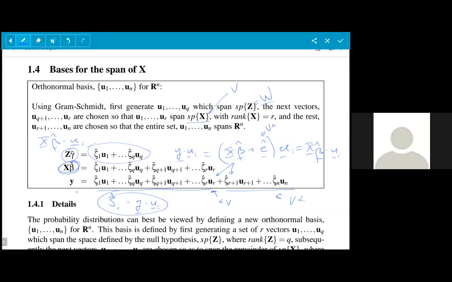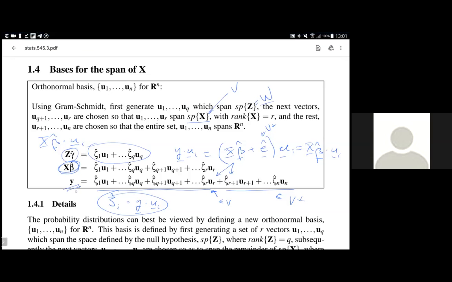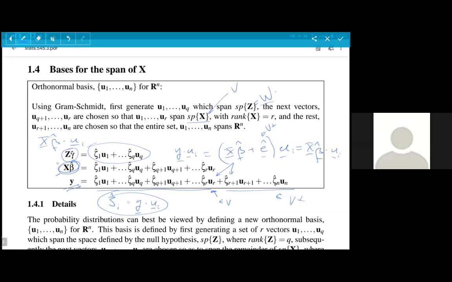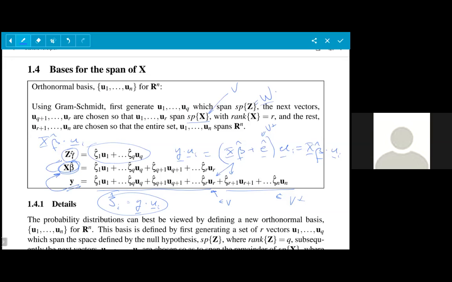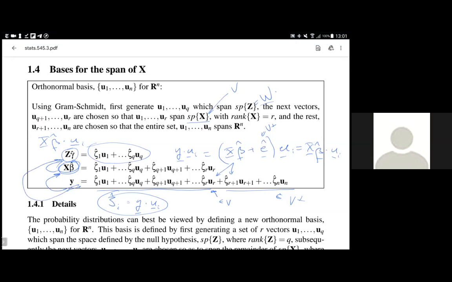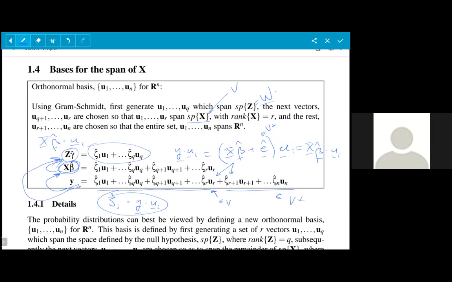So it doesn't matter where we start with Y, project that onto W, or start with X beta hat and project that onto W. In other words, we can project the Y first onto X beta hat, then that onto W to get Z gamma hat, and we get exactly the same result as if we had projected Y directly to get Z gamma hat. So that's pretty cool, and that forms the groundwork for the next steps.